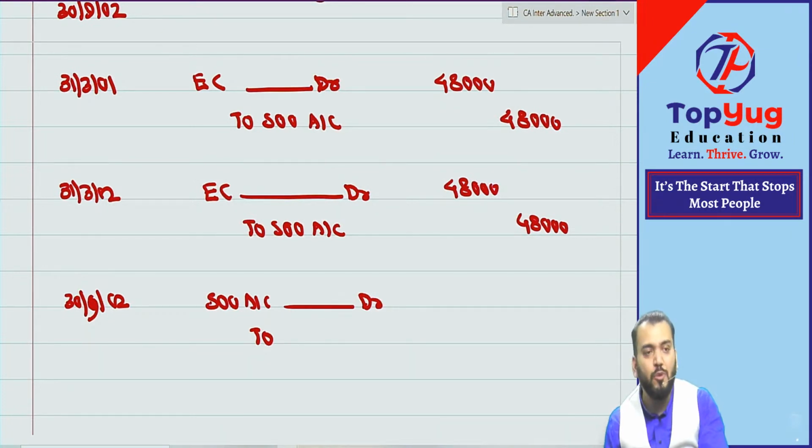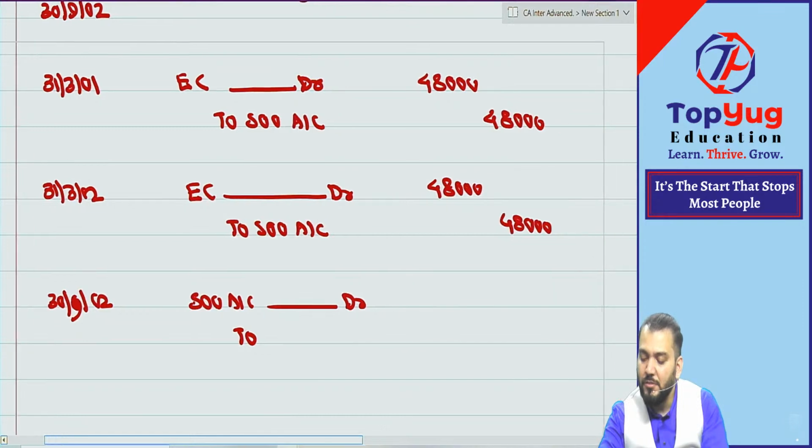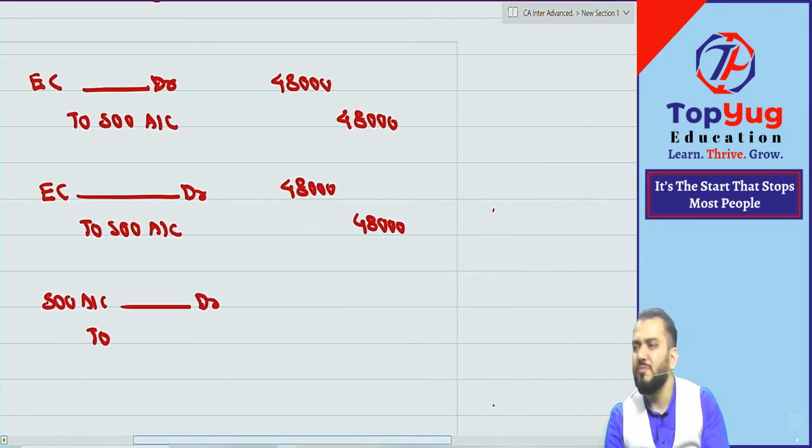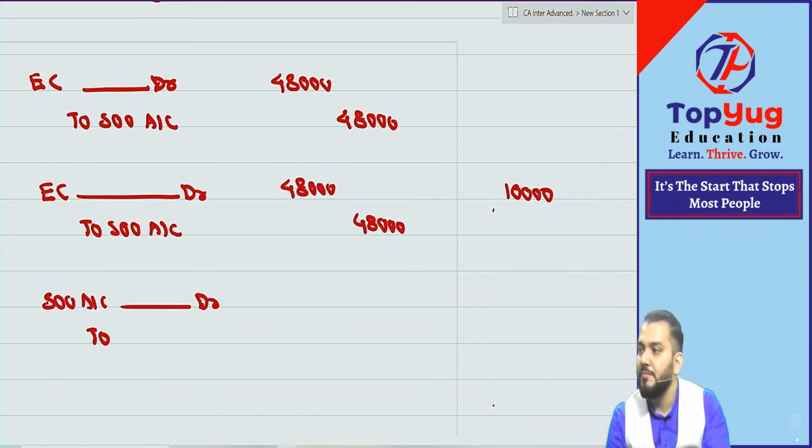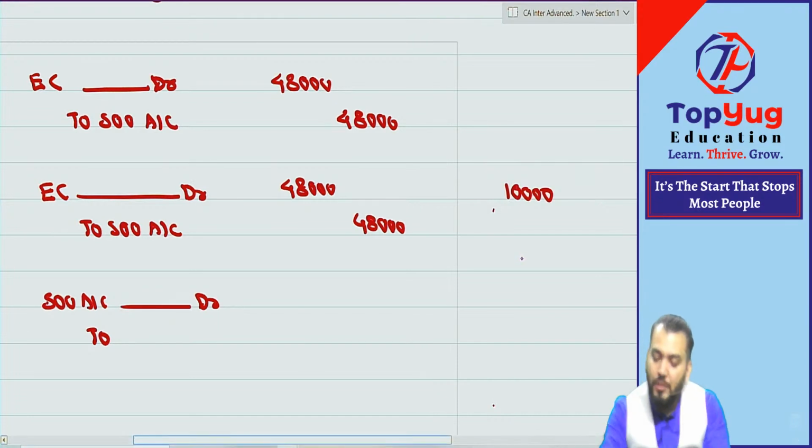In childhood you have done provision for doubtful debt. That is also one type of estimation. This much bad debt will happen. Now suppose you estimated that 10,000 will be your bad debt, but suppose actually your bad debt is 8,000. What will you do?